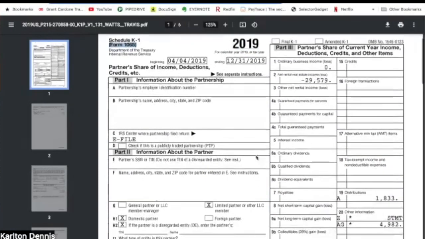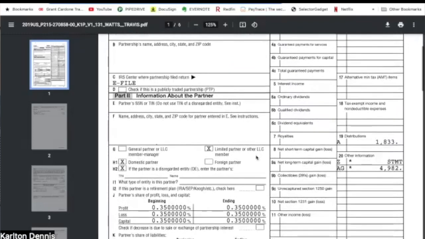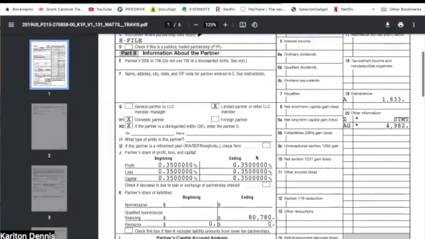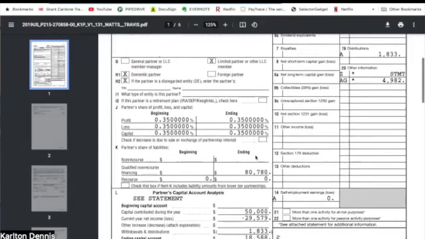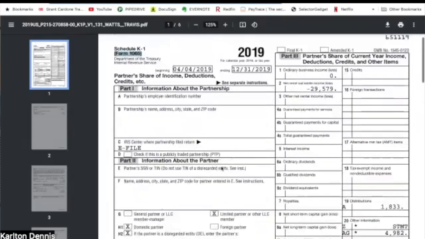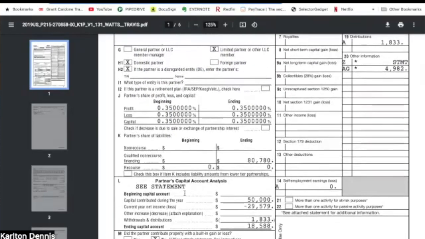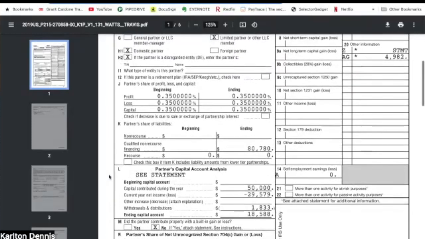Now, the one thing that Travis wants you guys to understand is, where would we even know how much money he contributed to this investment? Well, if you scroll down here underneath part number 2, we will learn more about the information of the partner. Okay. So when I look at the information of the partner, I can scroll down all the way to the bottom in section L. And in this section, it lets me know my partner's capital account analysis.